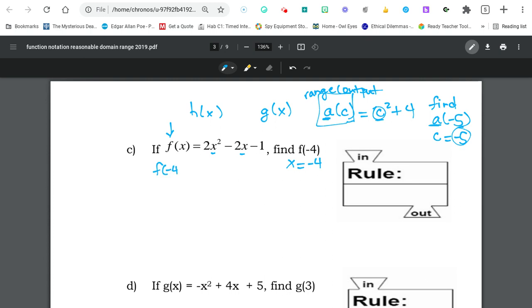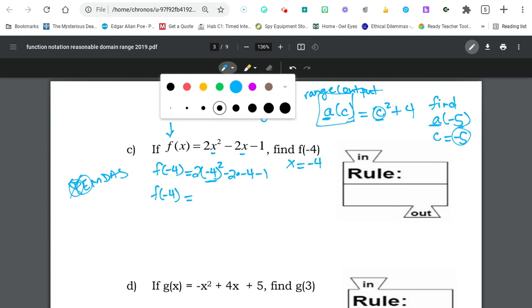So f of negative 4 equals 2 times parentheses negative 4 squared minus 2 times negative 4. You could have used parentheses there too. Minus 1. And I'm going to follow PEMDAS. If you have multiple operations, always follow PEMDAS, your order of operations. So I'll look to see if I have any parentheses. I see parentheses here, but there's nothing to do inside of them. Now I'll look to see if I have exponents.